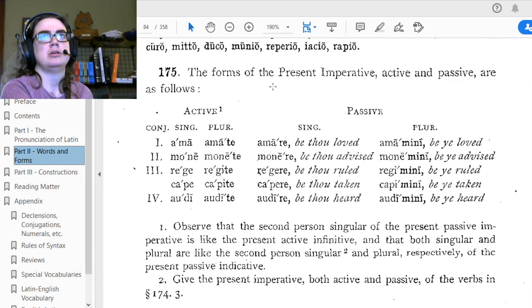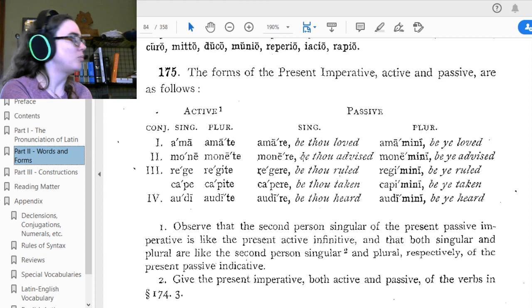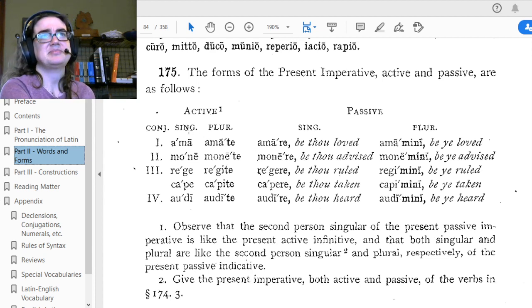For the present passive imperative, so if you want to command someone to let something happen to them, for the singular, you add an RE to the stem. Amare, monere, regere, capere, audire. So this is the alternate second person singular for the passive forms, right?